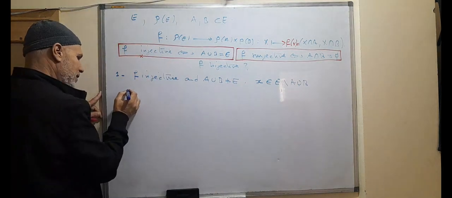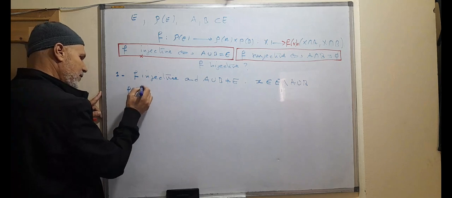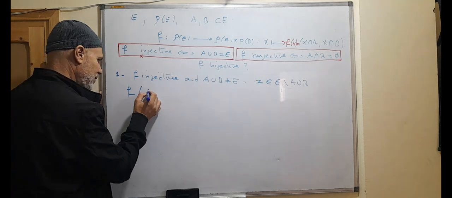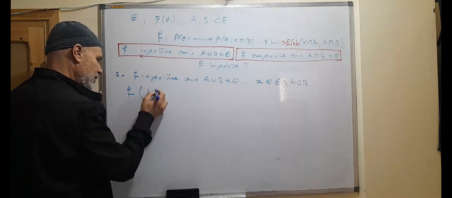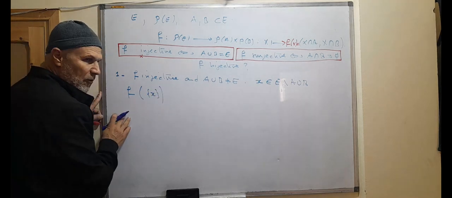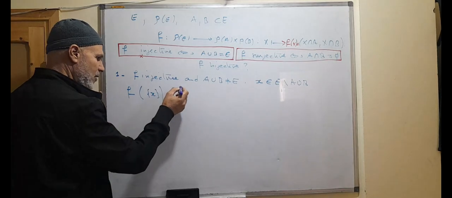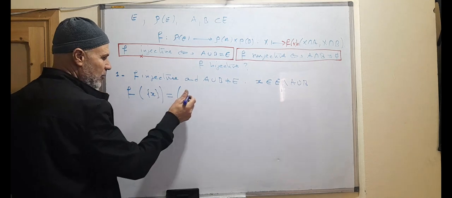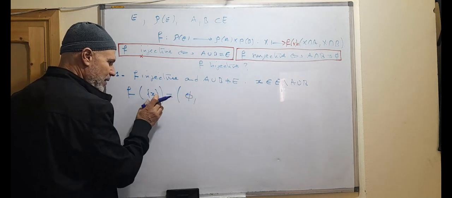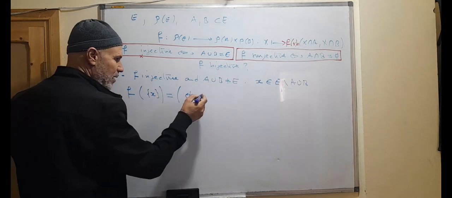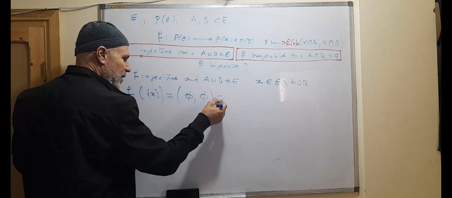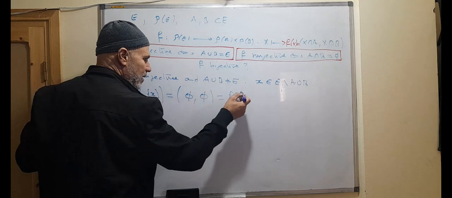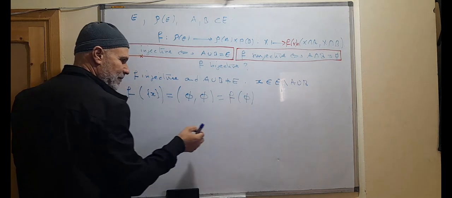And we consider F of this element. This is equal to what? X intersection A equal to empty set, and X intersection B is equal to empty set.